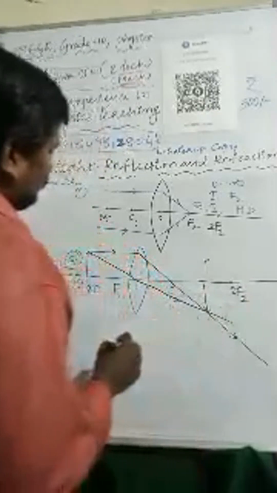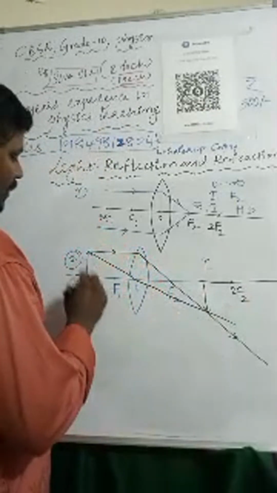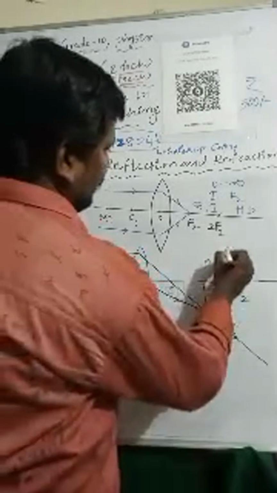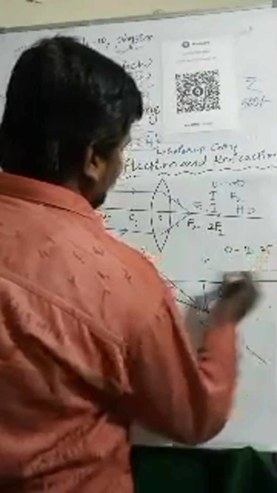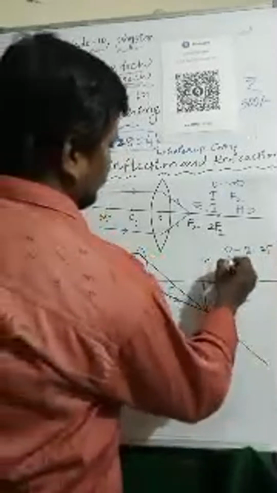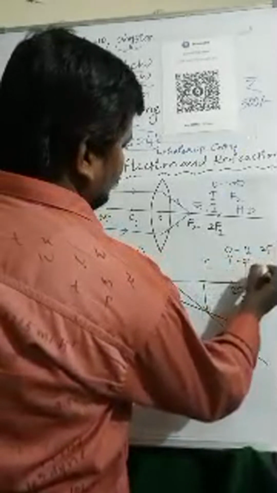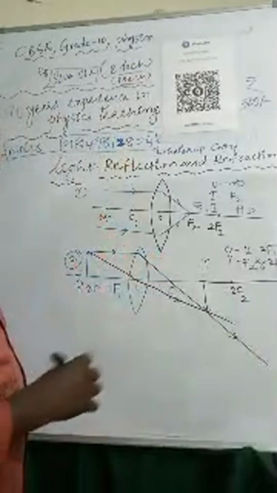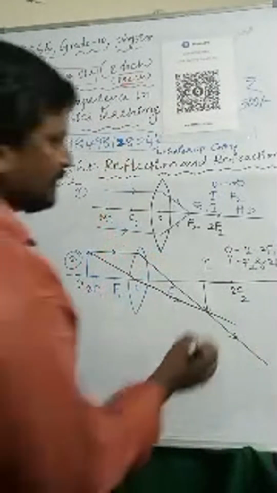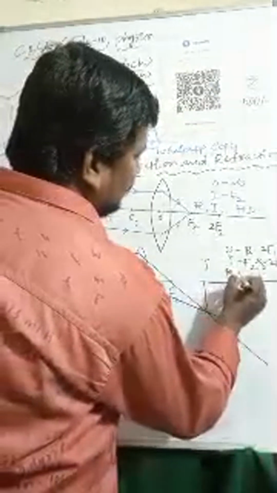So here the object is placed beyond F1. The image will form between F2 and 2F2. The nature of the image is real and inverted.